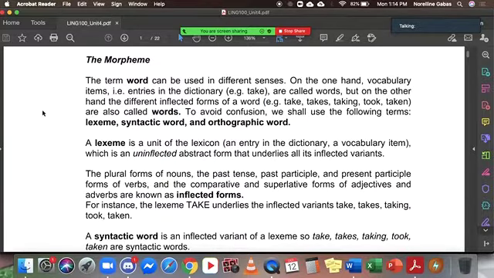Took: she left and took the 11 o'clock bus. Okay, taken: I have taken the exam with all my heart. So, yung mga depende sa gamit mo siya, gamit sa sentences. Kaya siya nagkakaroon ng inflected form. And phrase. Okay?